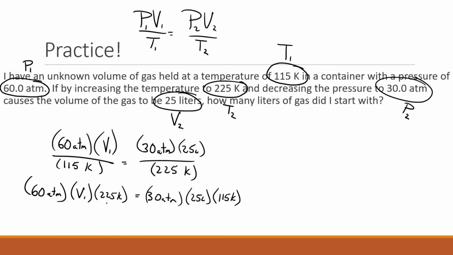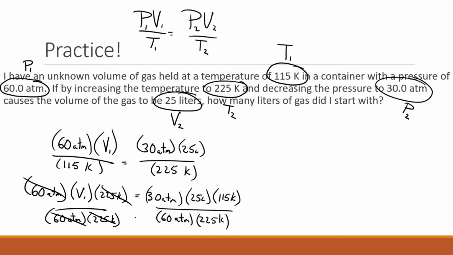To get V1 by itself, we're going to divide both sides by these two variables, 60 ATM, 225 Kelvin, which is going to cancel them out from this side. And it's going to leave us that this fraction is equal to V1.